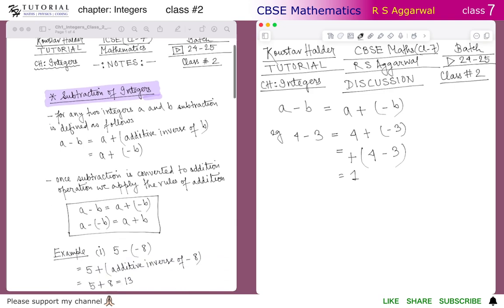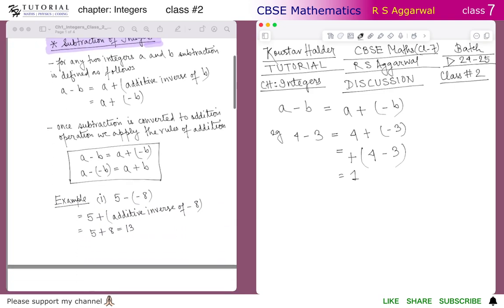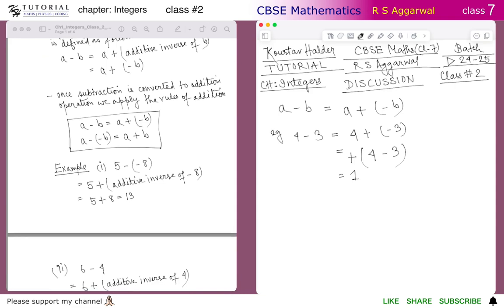Okay. Now in the box on the left hand side you can see there are two formulas. If you can remember them, you should remember them. This is the fundamental formula, that a minus b is equal to a plus the additive inverse of b. Now, if you have an expression of the form a minus of minus b, what will the result be?